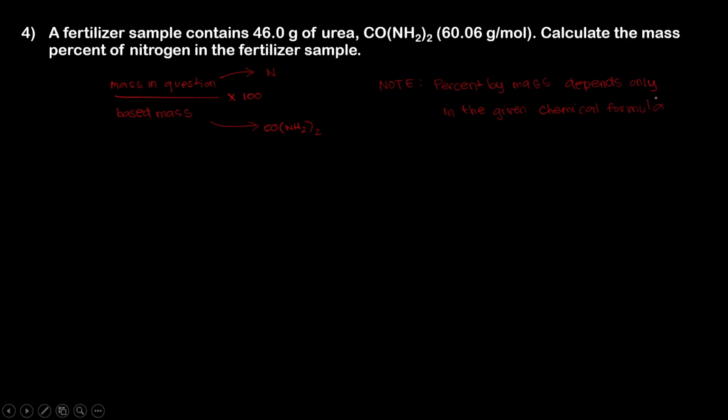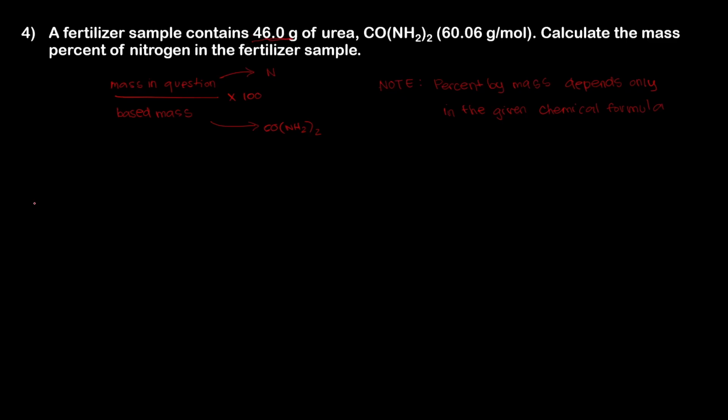What does that mean? It means this is basically the same thing as in the previous question, number 3. We don't need to use this one. This is just for confusion.